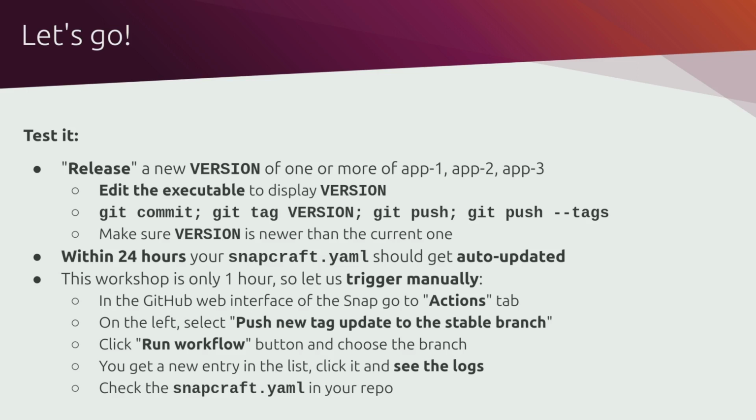Then you go to the Actions tab in the web interface of your Snap repository of where the snapping is, and on the Actions tab, you will find the name of the workflow on the left. You click on the name, you get a button on the right, and with this button, you trigger the workflow immediately.